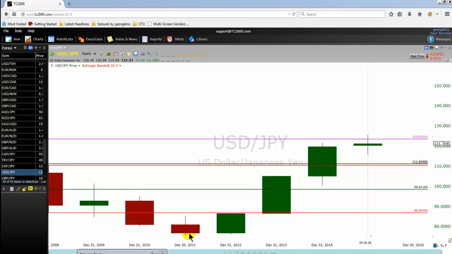Now, though crude oil, repeat, though crude oil was going up from 2008 to 2011, because the number one factor, the most important factor, is the policy that the Federal Reserve is adopting or the Bank of Japan is adopting, we can see that from 2008 to 2011, normally, if crude oil is going up, this pair should go up.